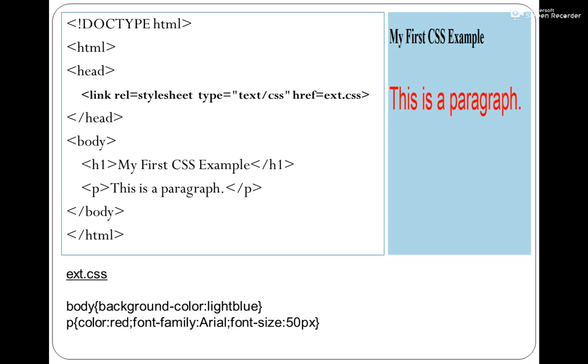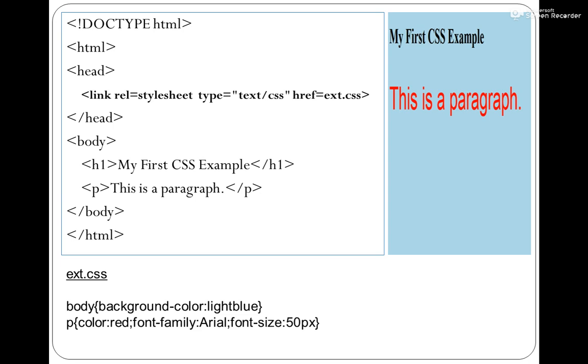This is the same example which we have seen earlier for the inline, and the same output is displayed. If you compare, the same output is displayed, only the way of using CSS is different, right? So if we are done with the ext.css, then we will see how to call this file in our code.